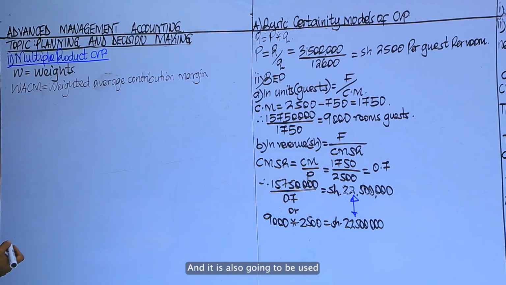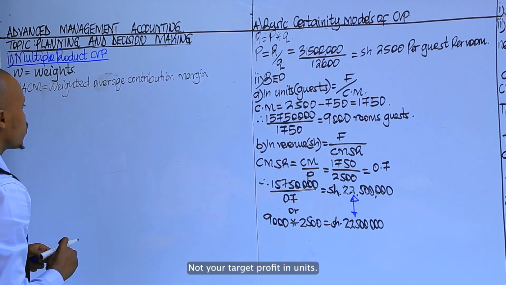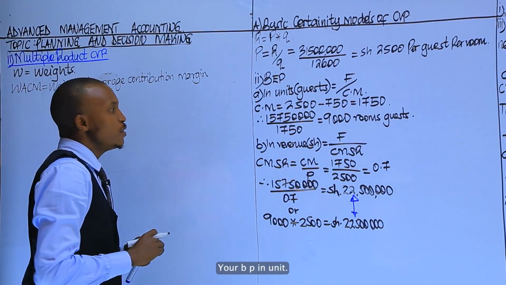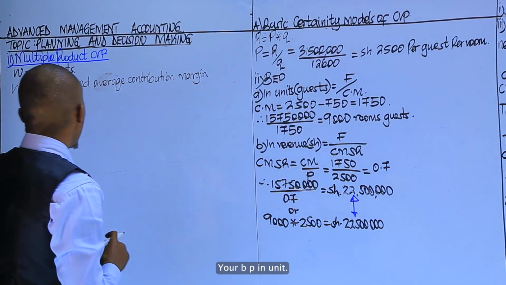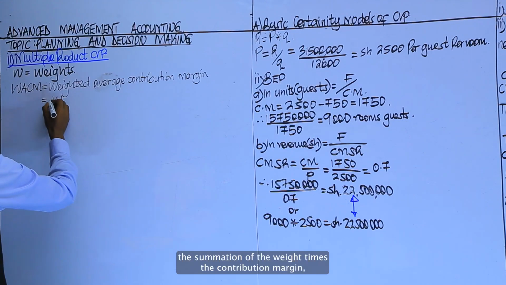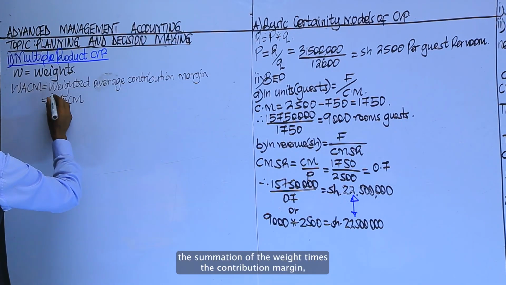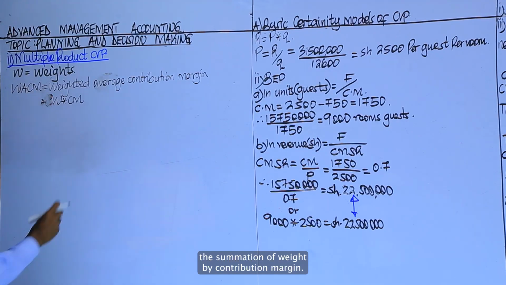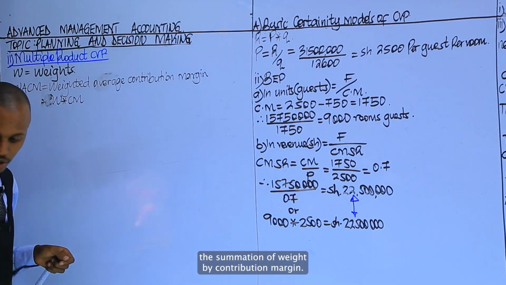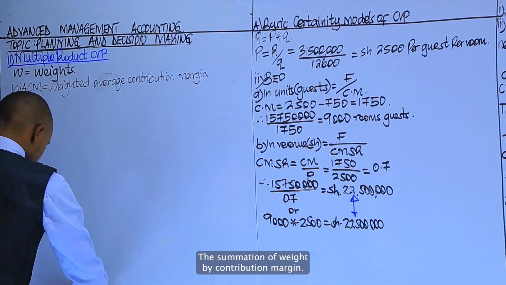It is also going to be used to determine your profit in shillings and also your target profit, your target profit in units, your BEP in units. You determine it by taking the summation of the weight times the contribution margin.